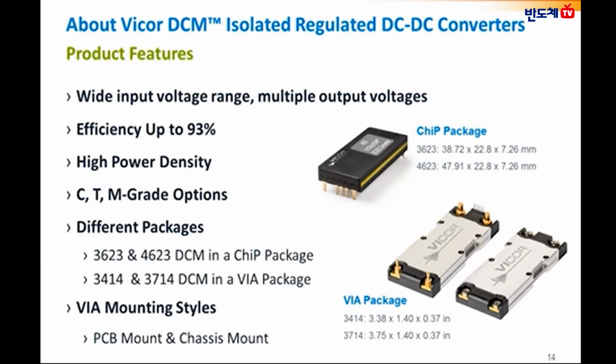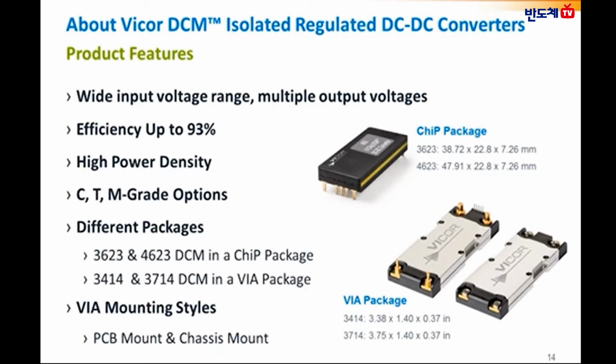DCMs are standard DC to DC converters, which provide isolation from the high side to the low side, and also provide a regulated DC output voltage with a wide input voltage range in an unregulated source. And DCMs are available with multiple output voltage ranges.